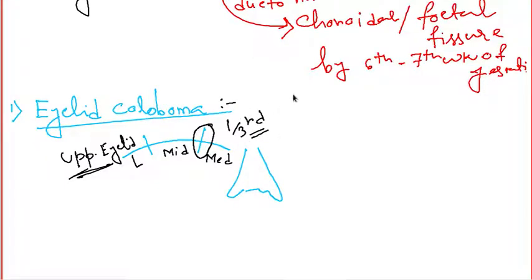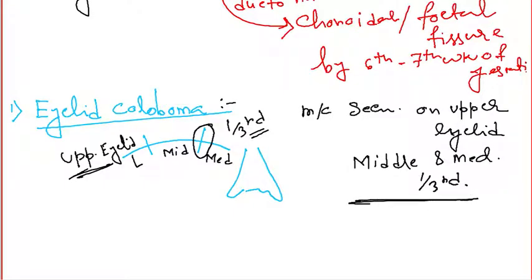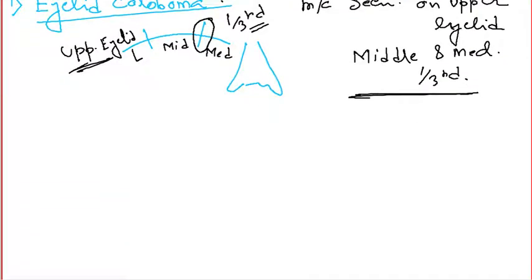So the eyelid coloboma is most commonly seen on the upper eyelid between the junction of the middle and medial 1/3. Now due to this the eyelid looks like this, so this is our nose.